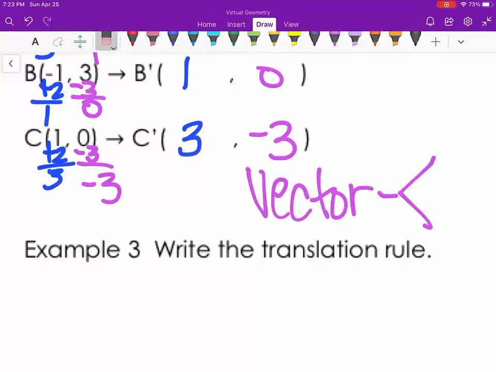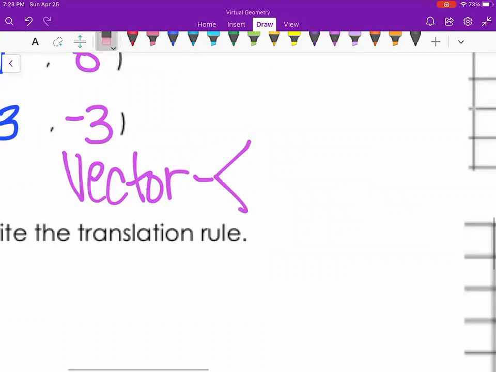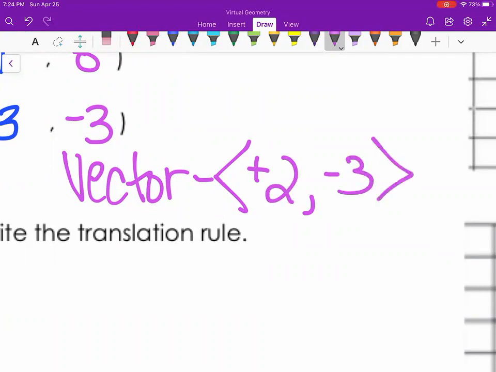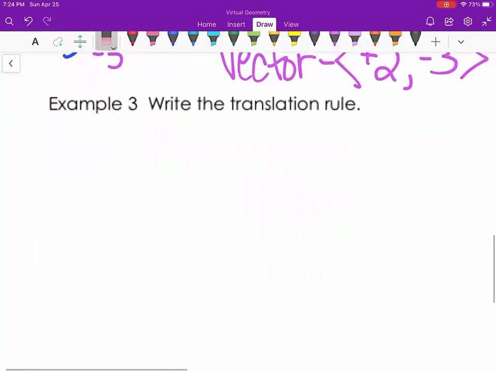So we have our movement, again, +2 and -3. So +2 in the first position, -3 in the second position, and there's our vector rule. Now let's check out our last example.